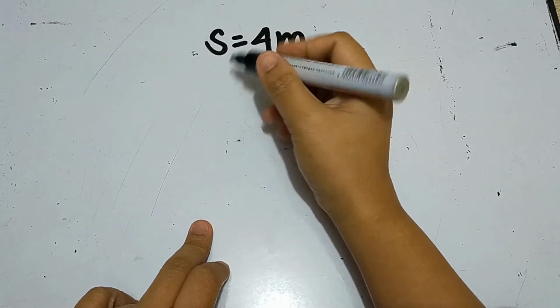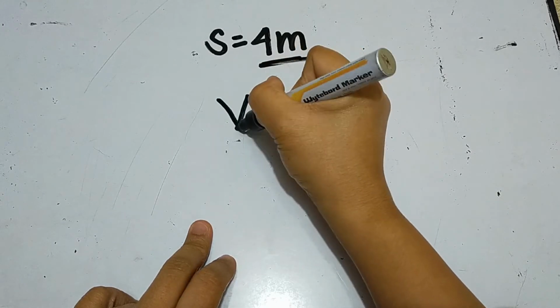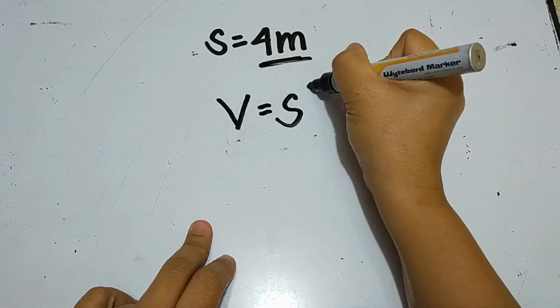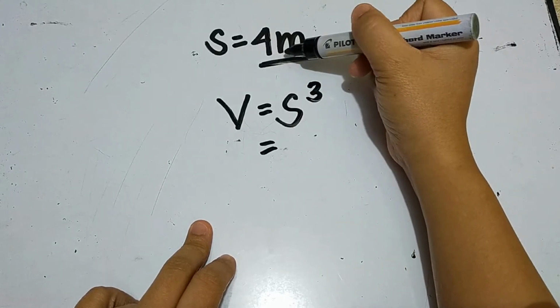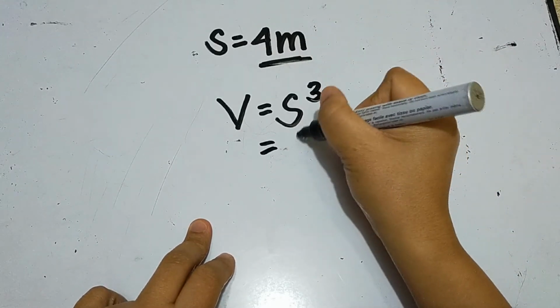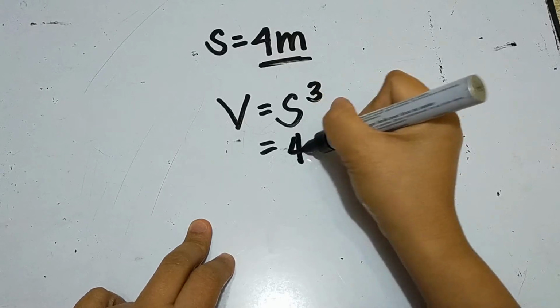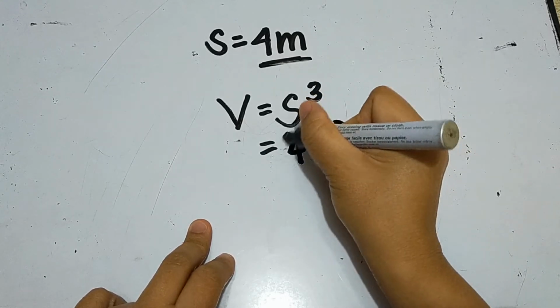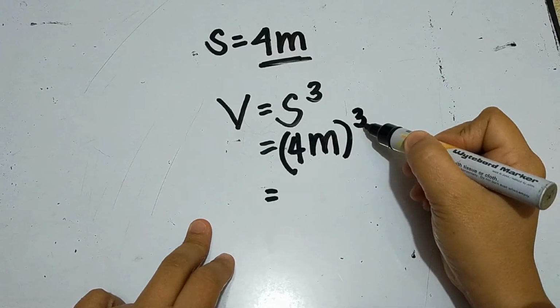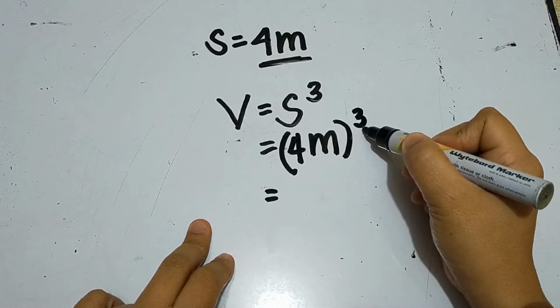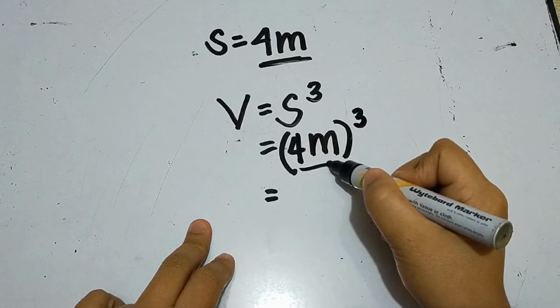Okay? So, yung formula, V equals S cubed. And then afterwards, we're going to substitute the value of the side. So, the value of the side is 4 meters raised to 3.